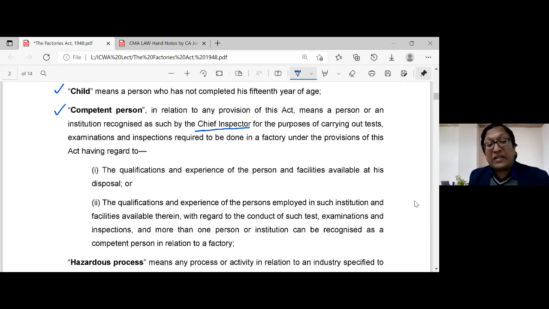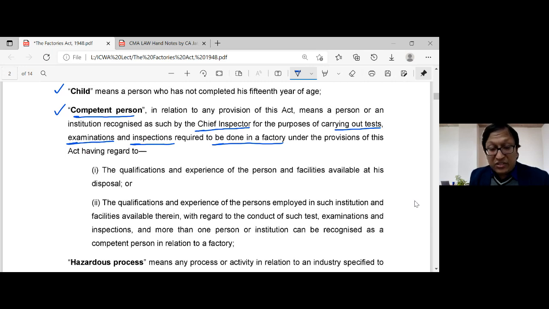If the chief inspector has recognized some person or institution for the purpose of carrying out tests, inspections and examinations in various factories under his jurisdiction, then that person is called a competent person.